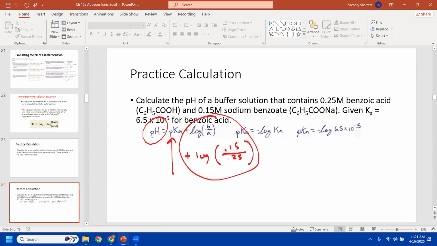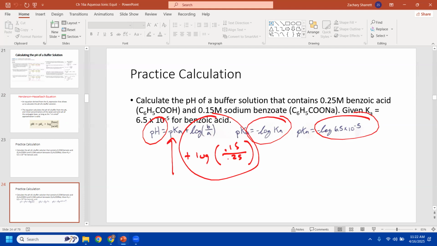What do you think? The negative log of the Ka, which is the negative log of 6.5 times 10 to the negative fifth. Everybody punch this in your calculator and prove to me you know how to do this. Like I said, following me and seeing the answer is one thing. Get it so your calculator shows it.